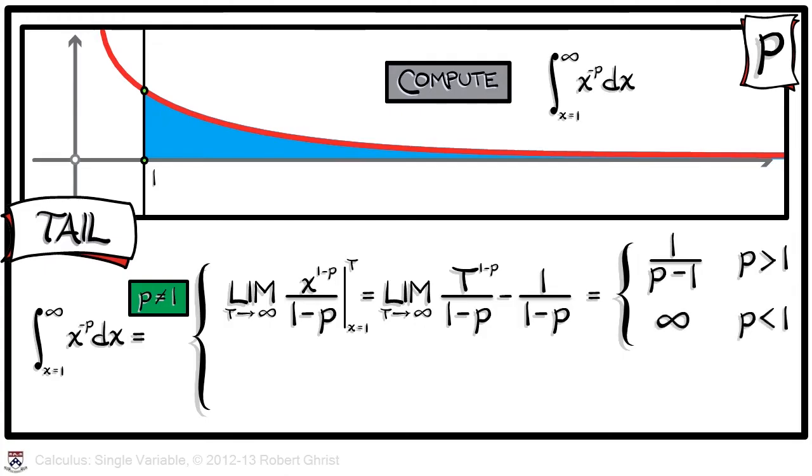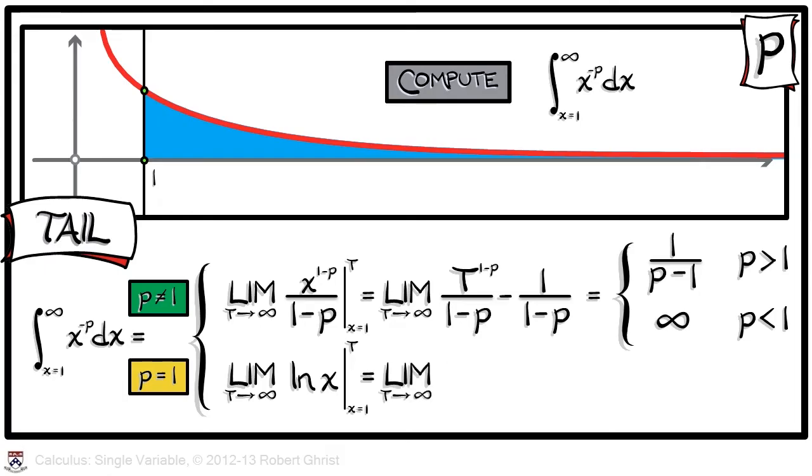If p is less than 1, then that first term dominates and goes to infinity, and we say the integral diverges. In the particular case where p equals 1, then this integral becomes the integral of 1 over x, that is log of x, and evaluating that at the limits and sending t to infinity yields, again, infinity. And so we have a divergent integral when p is less than or equal to 1.